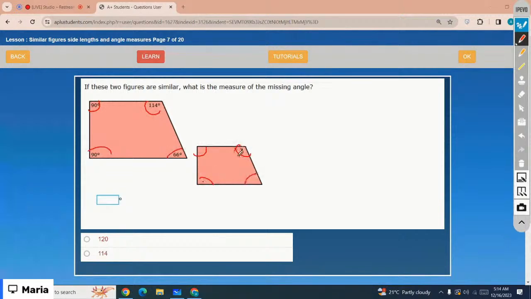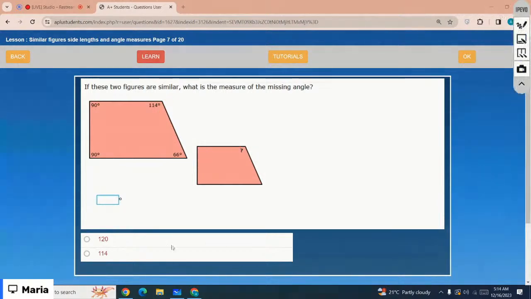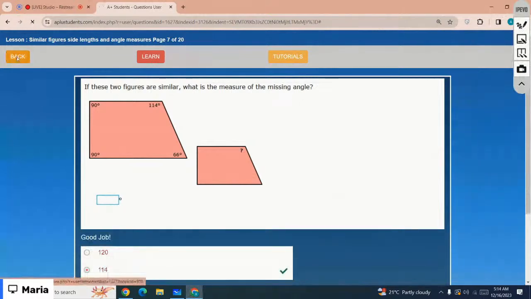So the missing angle equals 114. For this one, you don't need to rotate. You can, I think, get the point now. The correct option is 114. Okay, you can complete the lesson by yourself later today. Let me just move on to the next lesson.